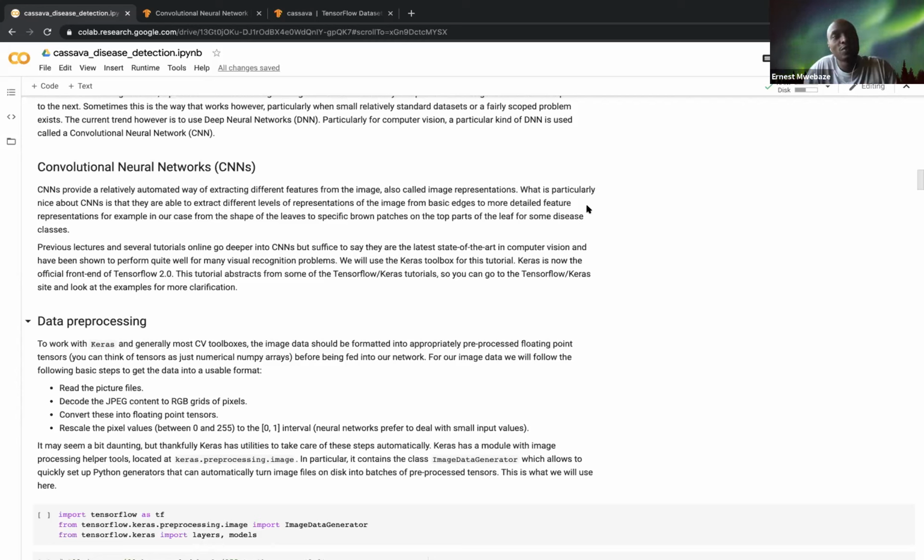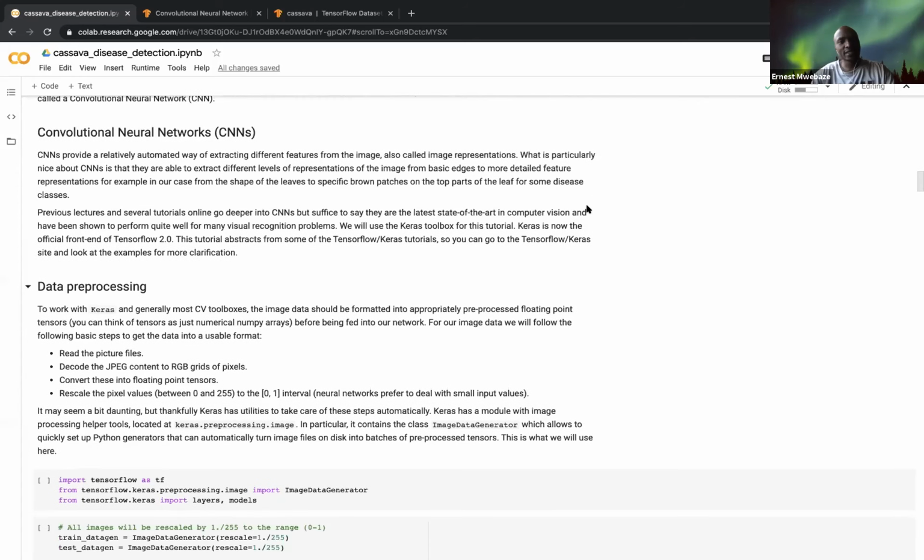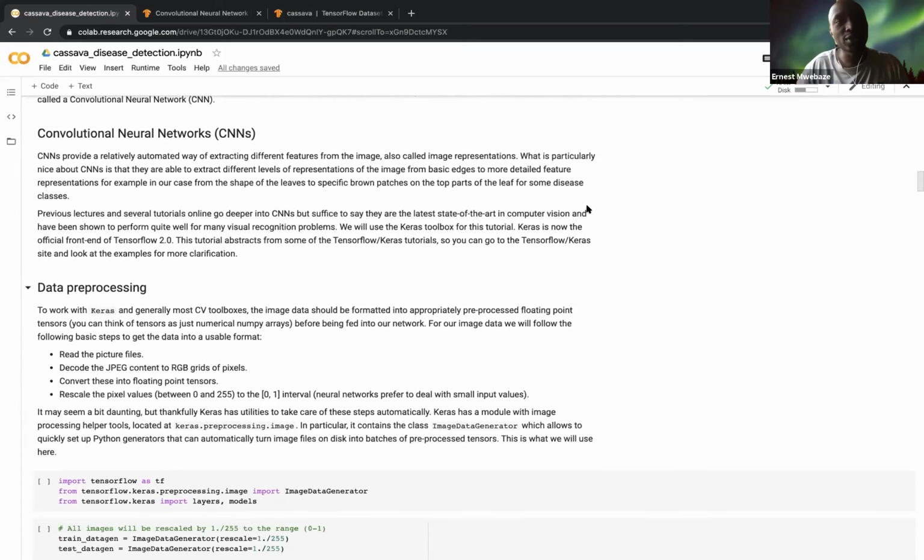So convolutional neural networks are quite interesting, and that's their major strength. You can go in and dig a bit deeper into this. In this Colab, we will not go into the depth of CNNs. I don't know if the tutorials on deep learning went into it, but for two reasons, we'll not go into this. One, there are very good courses that cover this.